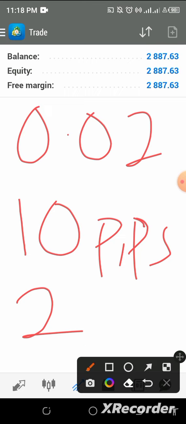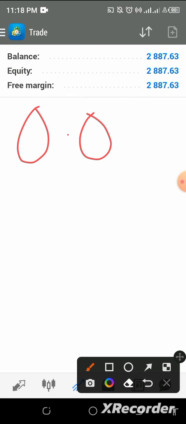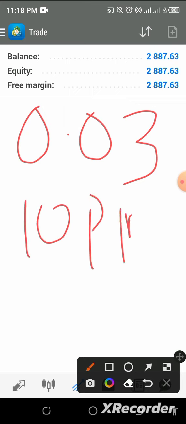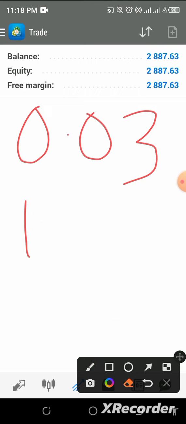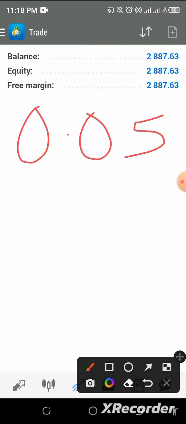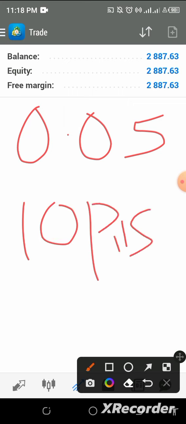You know, Forex is calculated by pips. Now, whenever you use 0.03, 10 pips will give you $3, and so on and so forth. And whenever you use 0.05, 10 pips will give you $5.